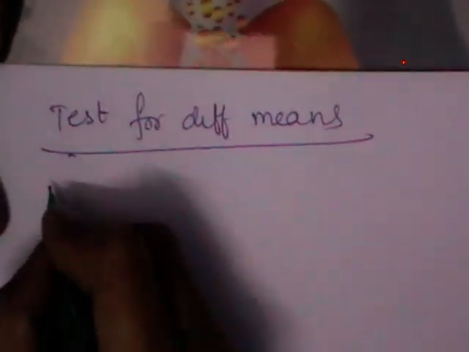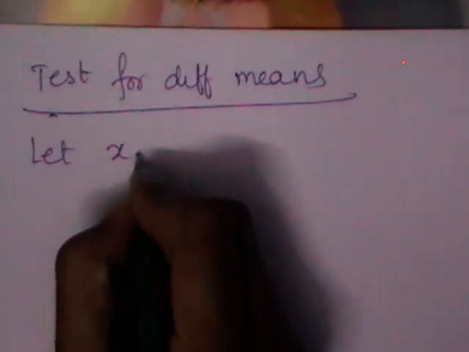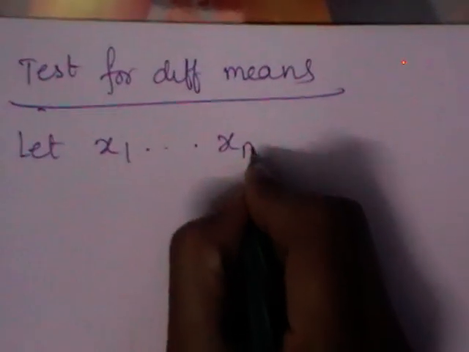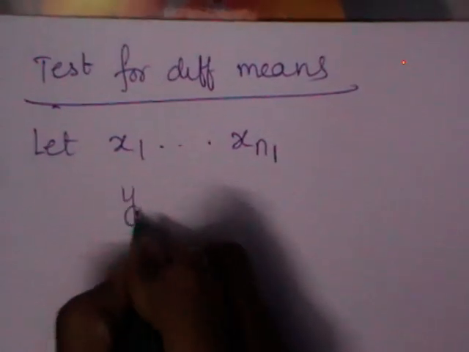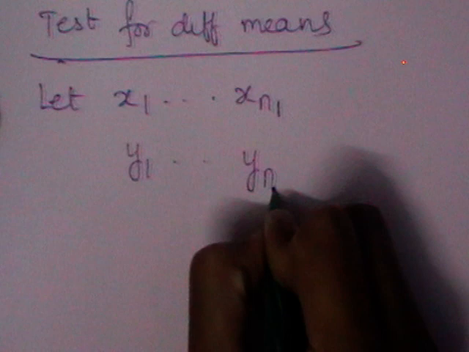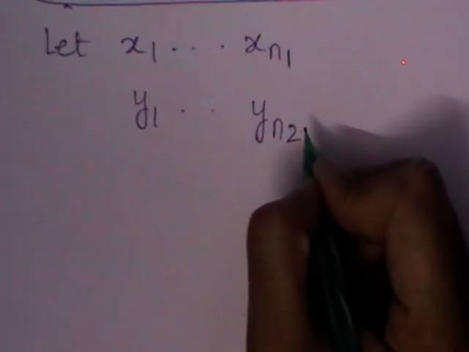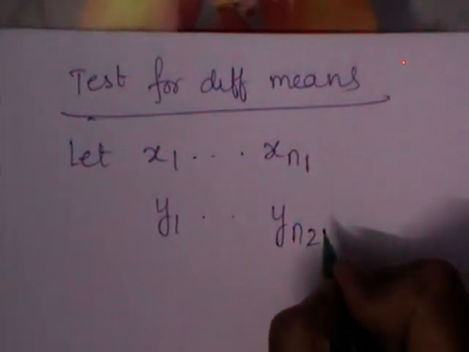The second one is nothing but the test for difference of means. For a difference of means, you should have a minimum of two samples. So you should describe two samples: x1, x2 and so on up to xn1 be the first sample, and y1, y2 and so on up to yn2 be another sample of size n2, drawn from two populations.